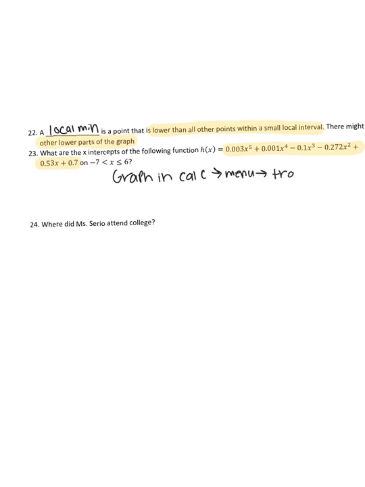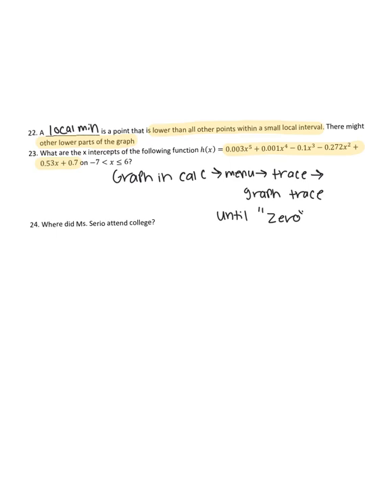You're going to go to trace. Then you're going to go to graph trace. And you are going to use your arrow keys to go left and right until you see the word zero. Zero is the same thing as an x-intercept. Your calculator just calls it zero. So once those two words appear, those are the 2 points that you're looking for.